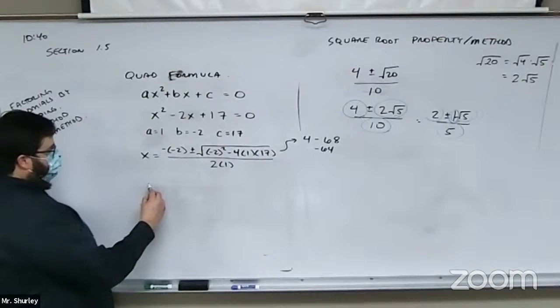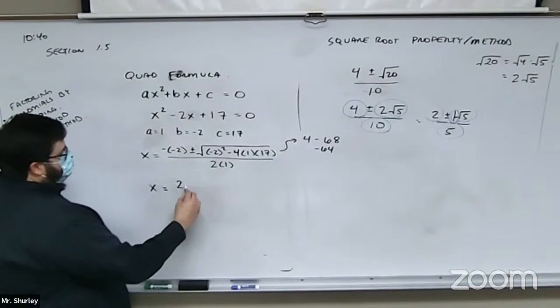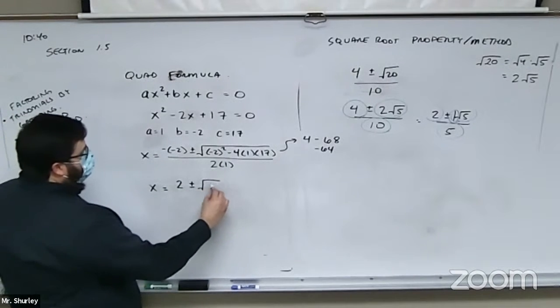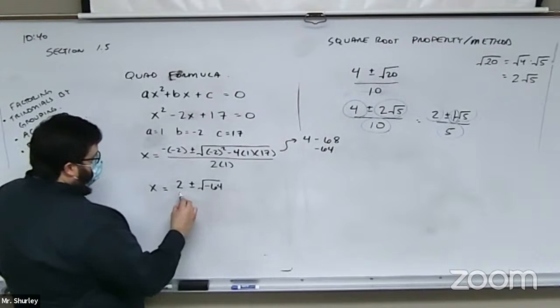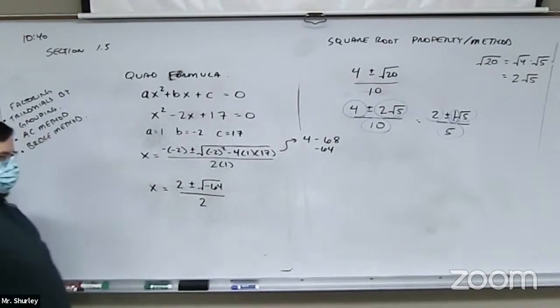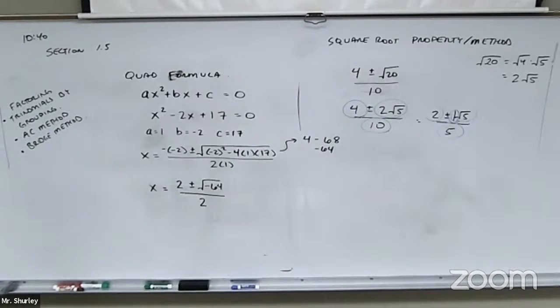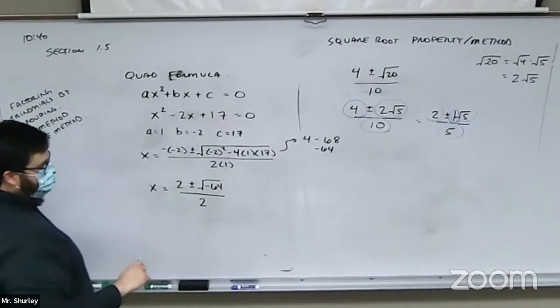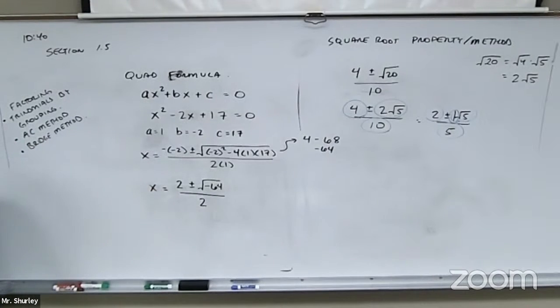So it winds up being x equals +2 plus or minus the square root of -64 over 2. x equals +2, because remember it's negative, right? Plus or minus the square root of -64 over 2.